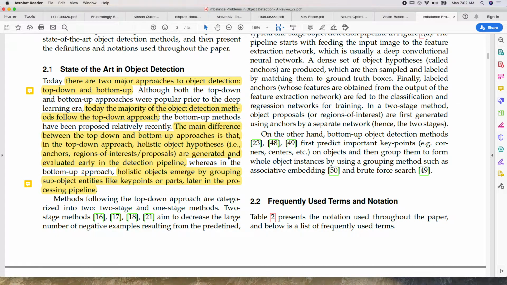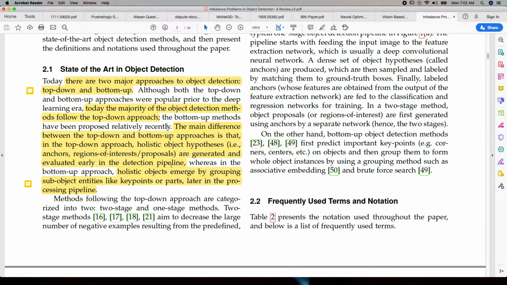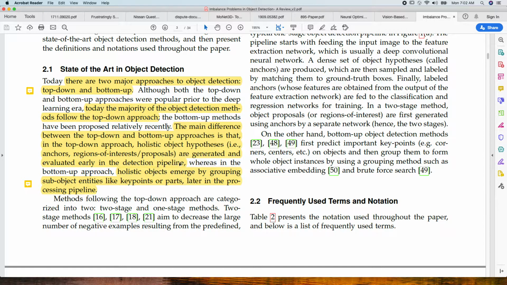We generate those places based on some metrics, and they are generated and evaluated early in the detection pipeline as to whether truly they contain the object or not.